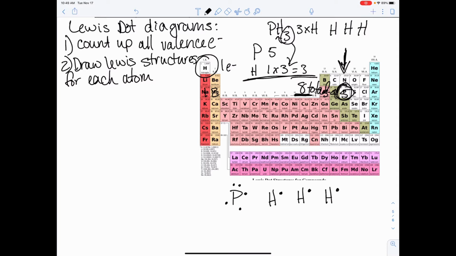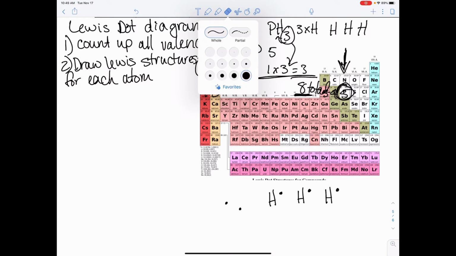Once you've got your Lewis structures for each atom, take a look and see how many places they're willing to form a bond. So my phosphorus has this up here. Oh, that was an eraser. That's not what I wanted to do. There we go.